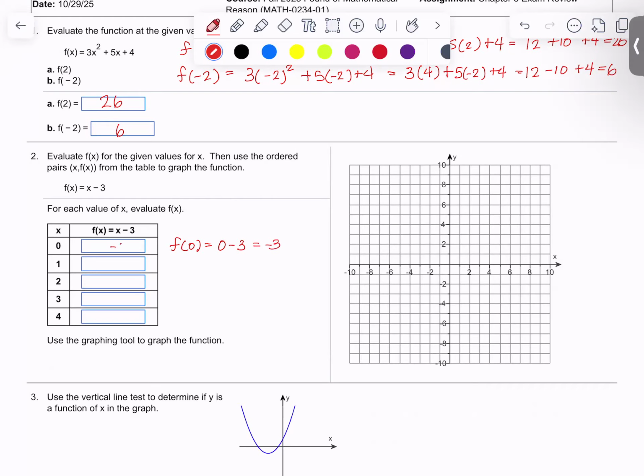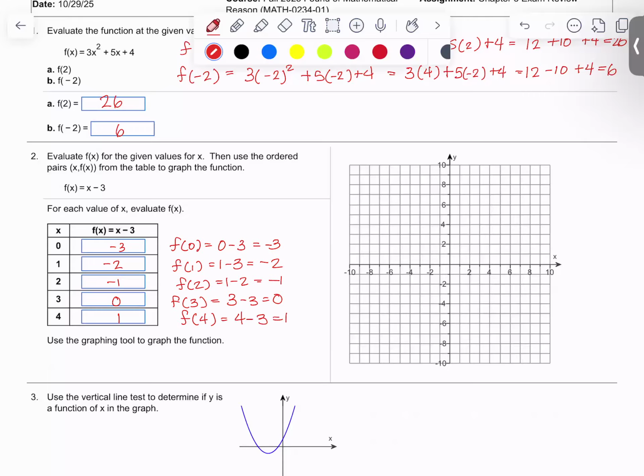So type that in here. F of 1 is 1 minus 3, which is -2. F of 2 is 2 minus 3, which is -1. F of 3 is 3 minus 3, which is 0. And f of 4 is 4 minus 3, which is 1.